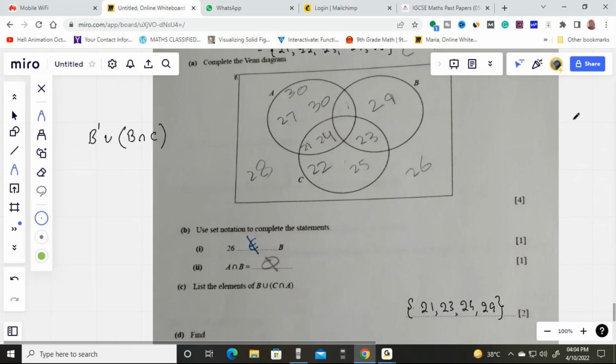This is your B intersection C. B complement contains all the elements which are outside B. So these are all the elements which are in B complement, or outside B. Now you are going to take the union of all these numbers, and that's it.